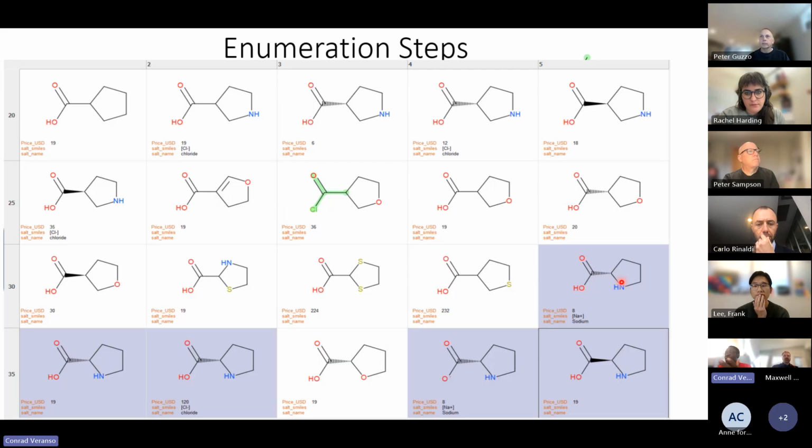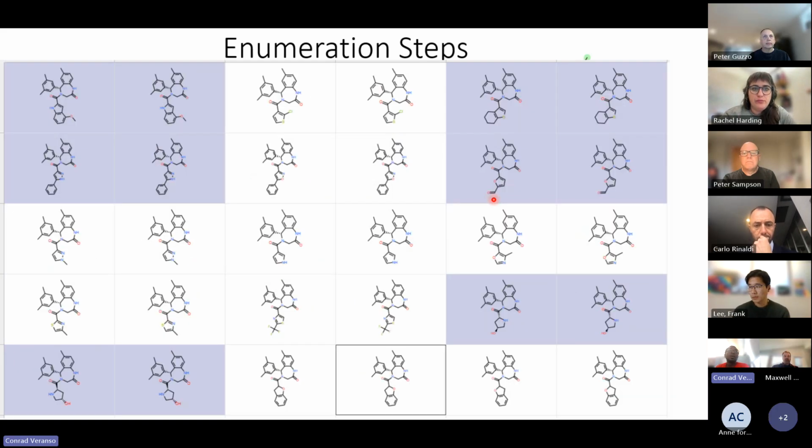So we had this same reagent appearing several times, which will increase the number of final molecules in the enumerated set. And then we also had this one where we had acyl chloride, and it's the same molecule with the acid functional group. So if we enumerate this part of the molecule, we'll end up with the same product at the end. So these are some of the causes for the repetition we are going to see at the end.